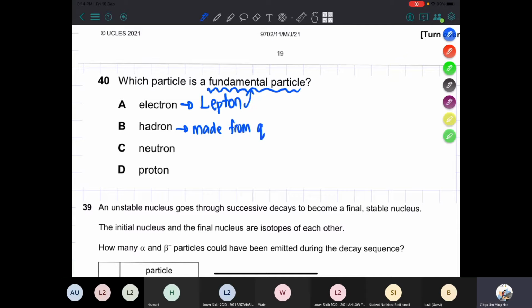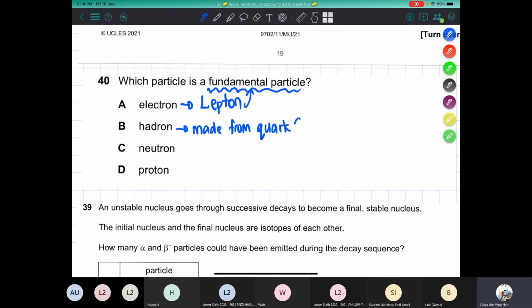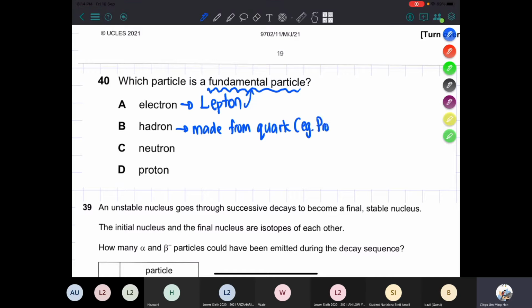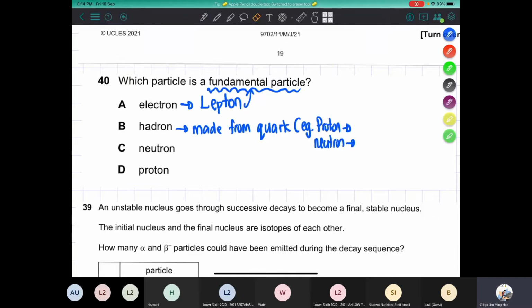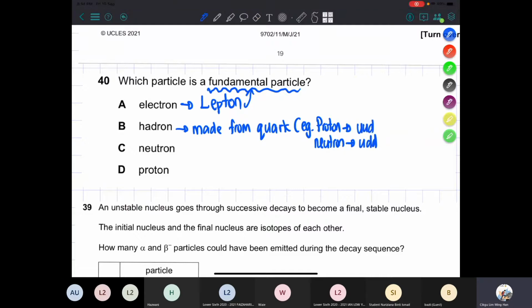Quarks. So for example, you have the proton. Proton is made from up, up, down. And then you also have the neutron, sorry, I made a mistake: up, down, down.